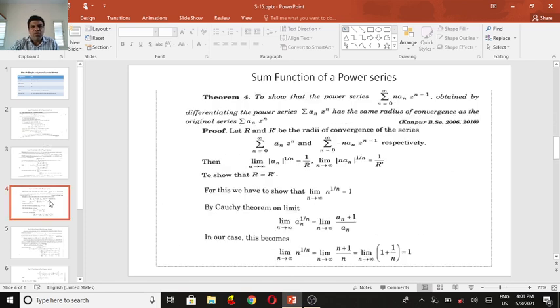So we come to one more theorem. If we take a power series and differentiate it with respect to z, we get another function.